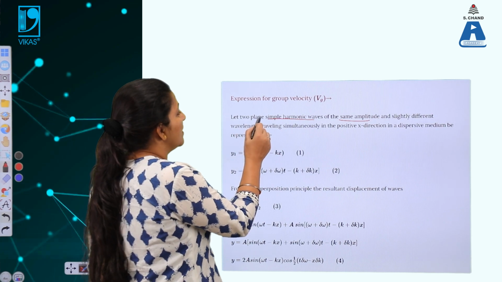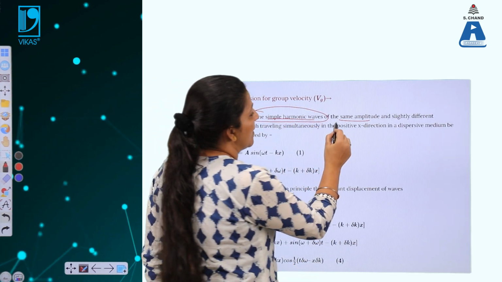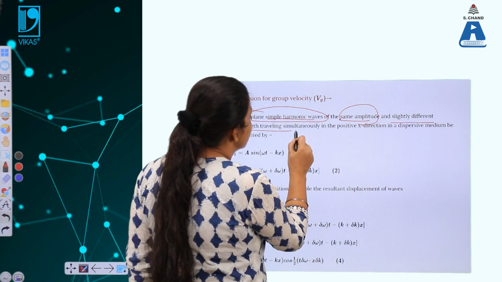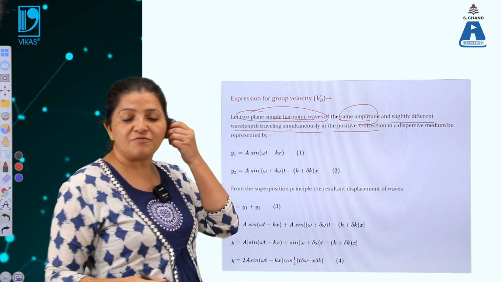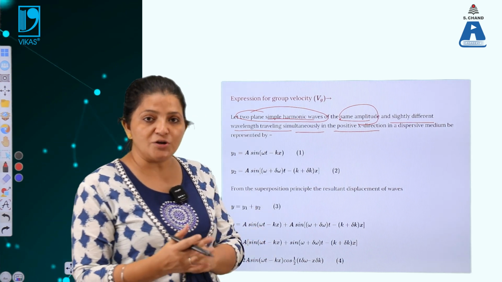So we consider two plane simple harmonic waves with the same amplitude and slightly different wavelength traveling simultaneously in the positive x direction, with some phase difference between the two waves.